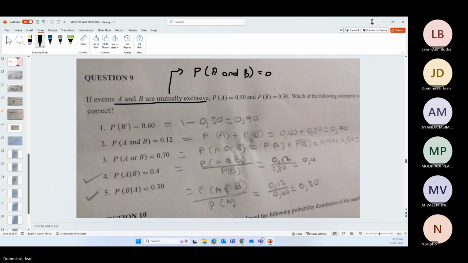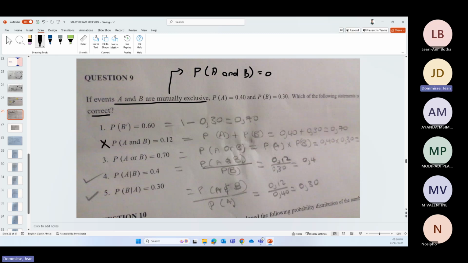So already, if I look at the probability of A and B is 0, and I'm looking for correct, okay, so already caught out.